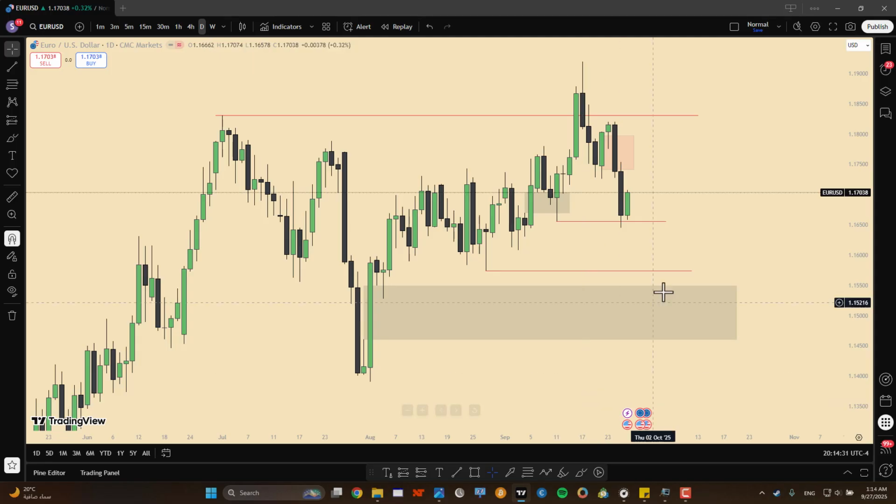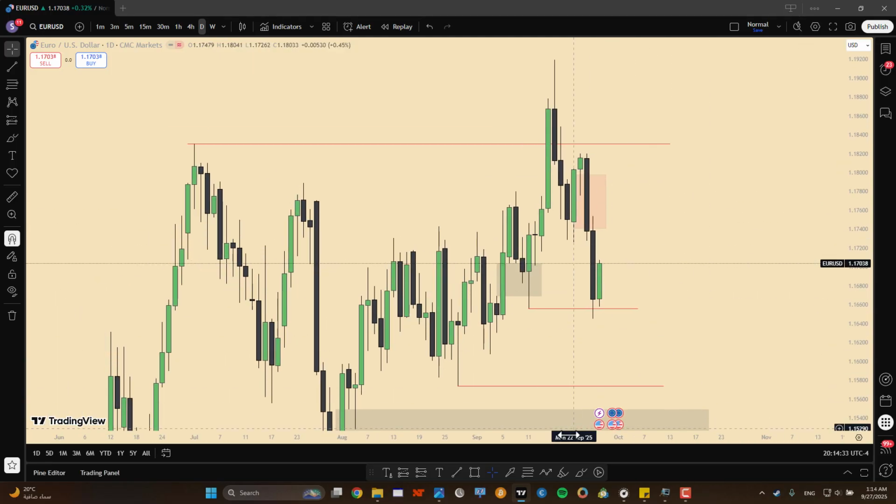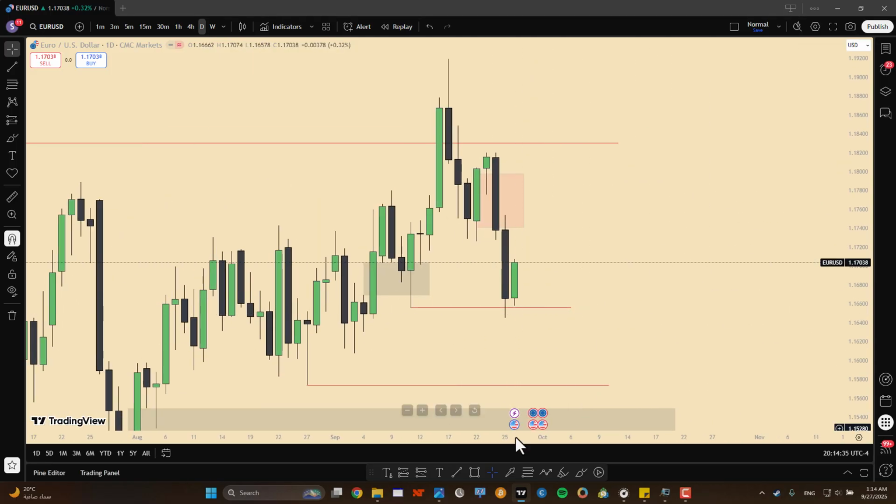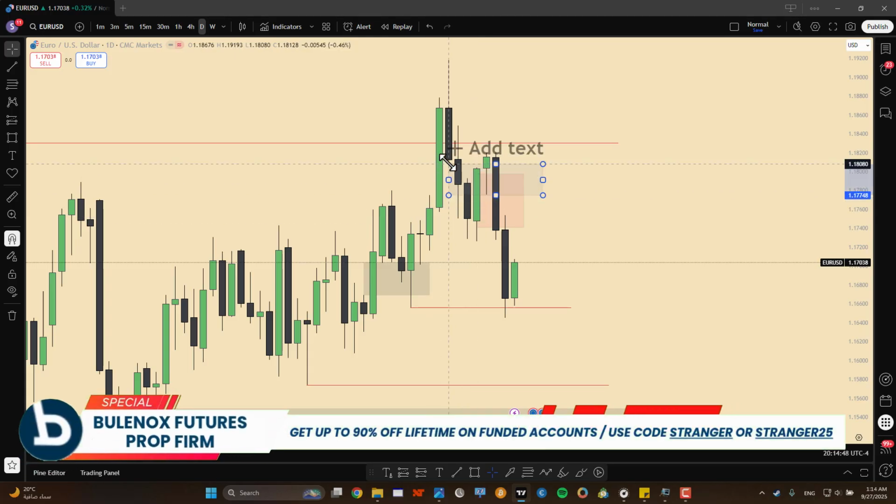So let's start with the daily time frame. On the daily time frame, we can see that we violated this imbalance right here, so it can act as a resistance next time. And also there was this imbalance here.